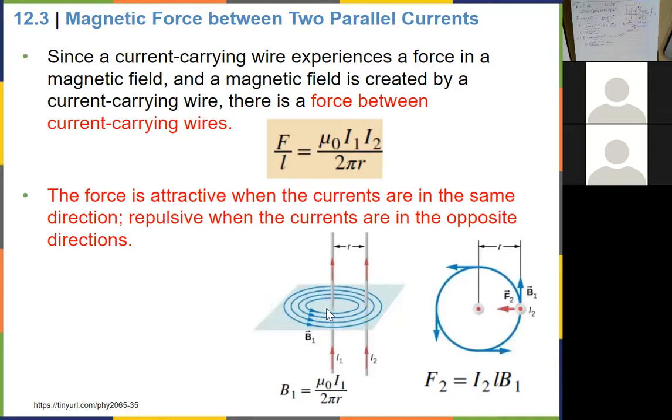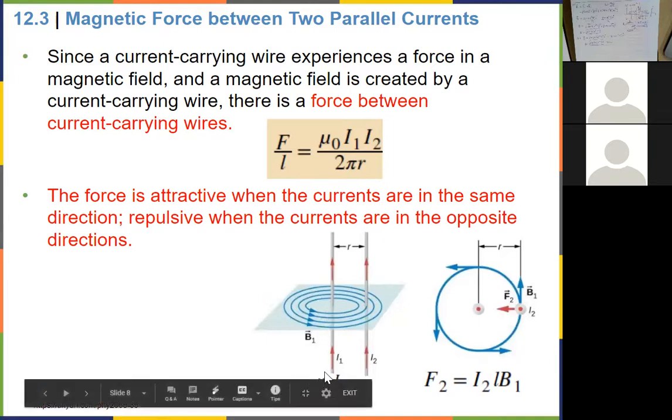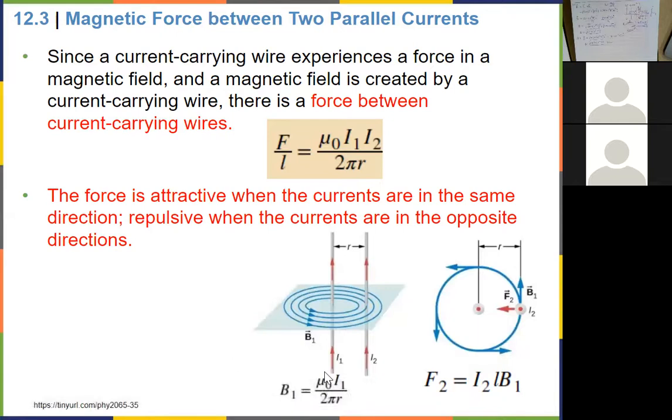The magnetic field produced by wire one is equal to mu naught I over 2 pi r, the equation at the bottom here. Then the force the second current carrying wire experiences will be equal to I times L times B. If you have two wires close to each other, there will be a force on each of them, an action and reaction force between the two.